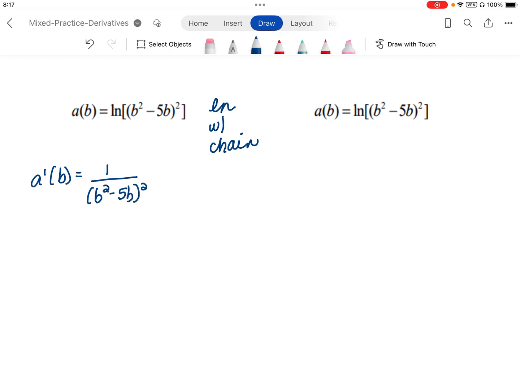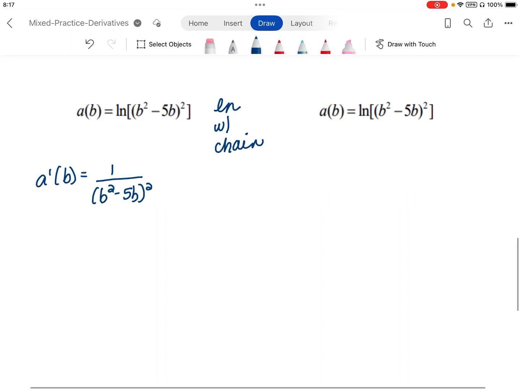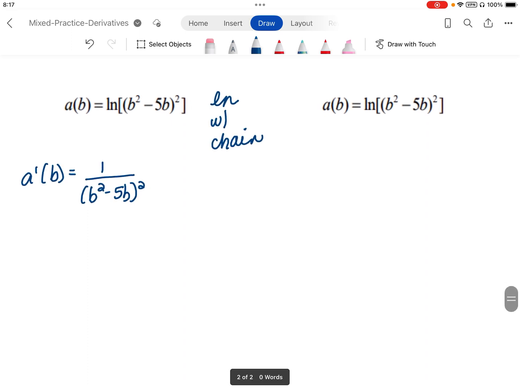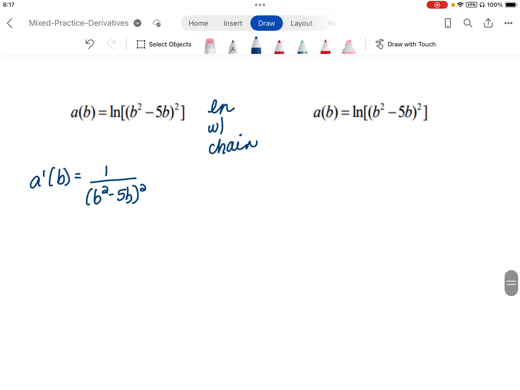So I'm going to start with that, and then I need to use my chain, because I've got a situation here on the bottom where I have the chain property to take the derivative of that. So I have to multiply by the derivative of the inside. Sorry, I got tongue twisted there.